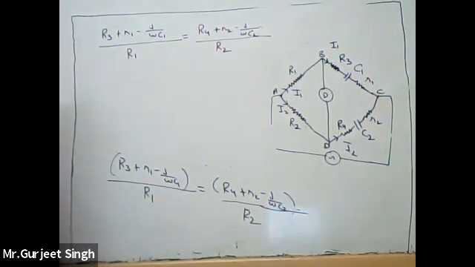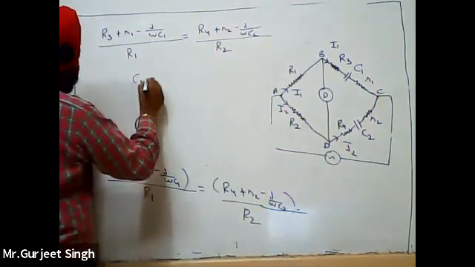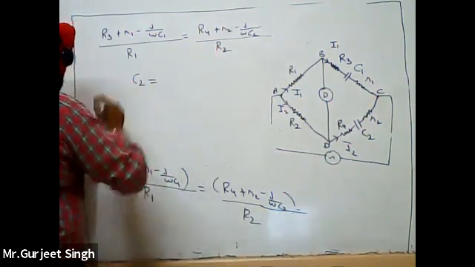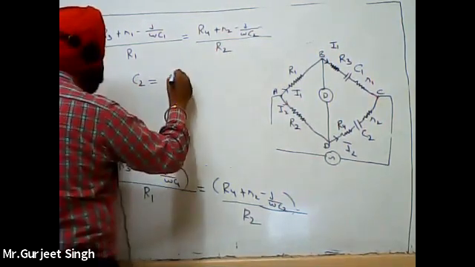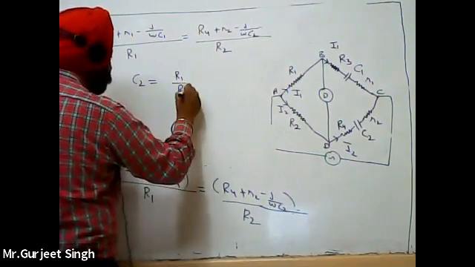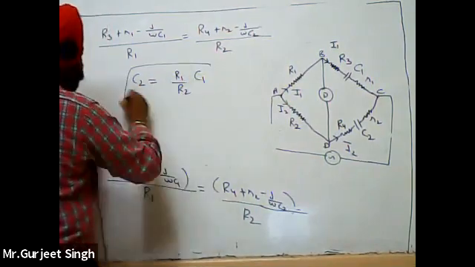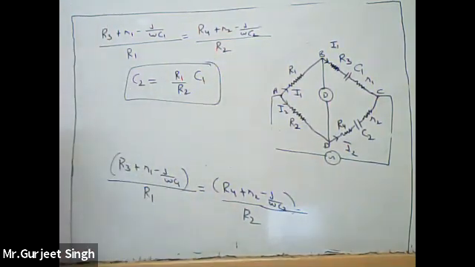Now from this equation we will do the multiplication and solve this equation. So we will find out the value of the C1 capacitance is equal to R1 R2 C1. We are getting this expression.